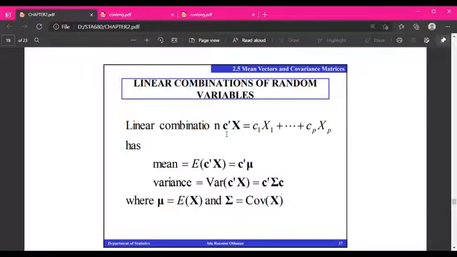Kalau kita tukar ke dalam bentuk matrices, it will be C transpose X. Okay, C transpose X. Bila you multiply the matrix, you akan dapat this linear combination.